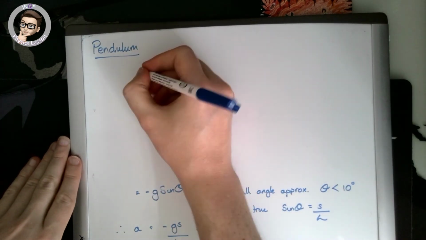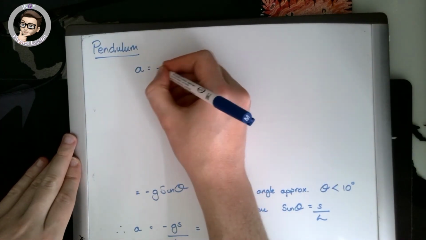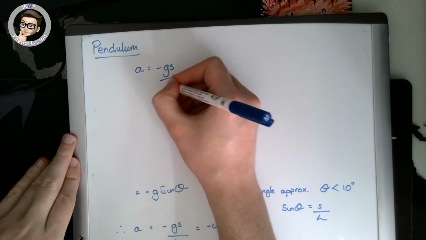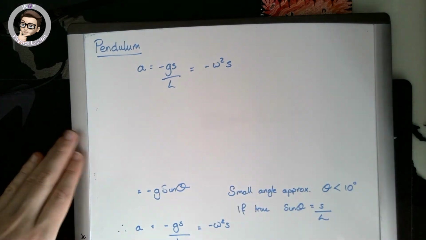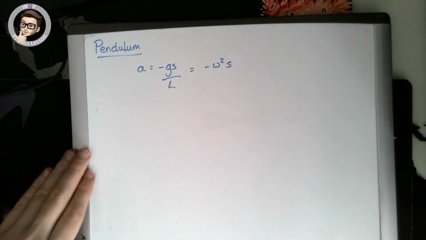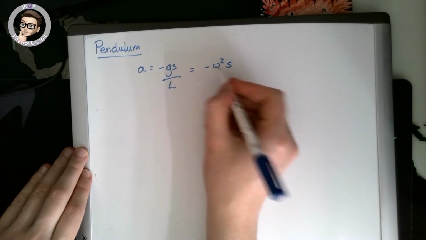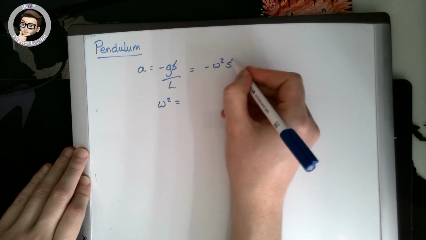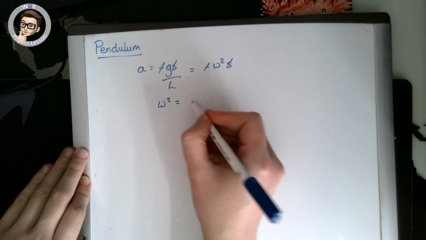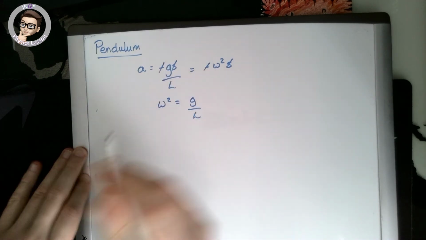So if acceleration is equal to minus g s over L, which is equal to minus omega squared lots of s, we can then redefine omega squared. Therefore omega squared is going to be equal to, so s is gone, the minuses are gone, g over L.